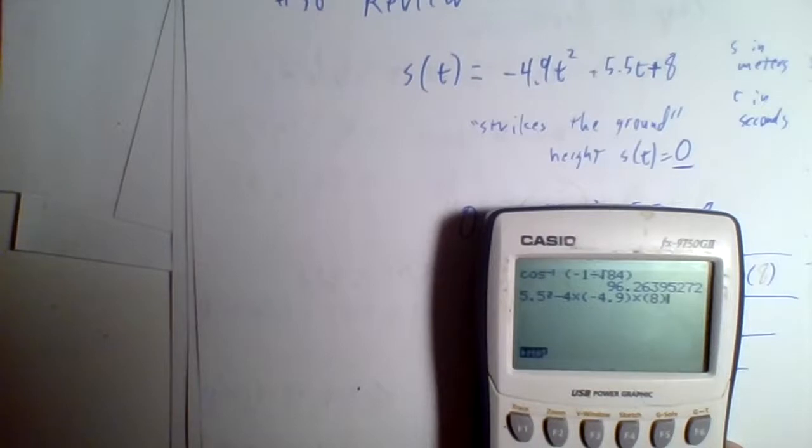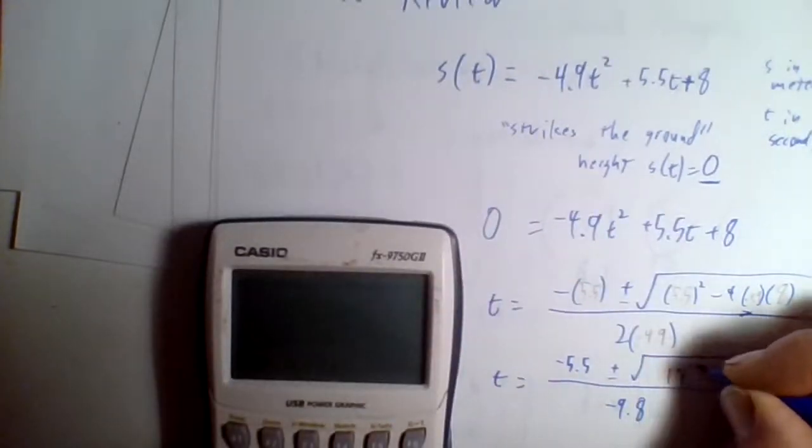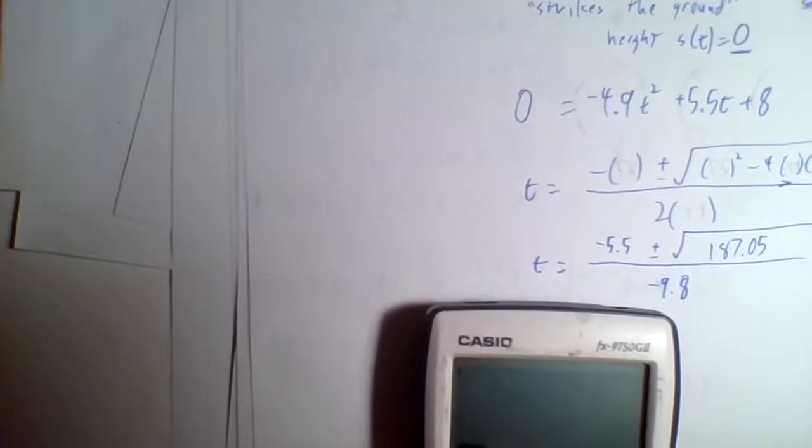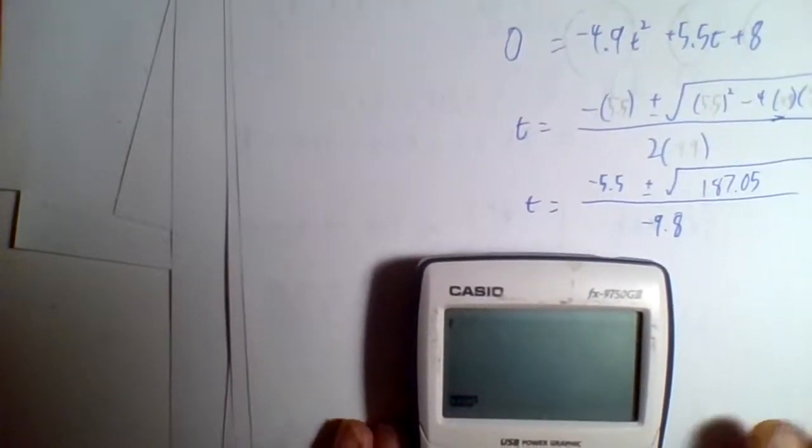So that's going to square and multiply and subtract. I'm doing quite a few calculations at once. That's what you get inside of the radical. It's 187.05. I'm going to write that down. And then I'm going to think about the next round of calculations here. That's my discriminant part. That ended up positive, so I know I've got real numbers now.